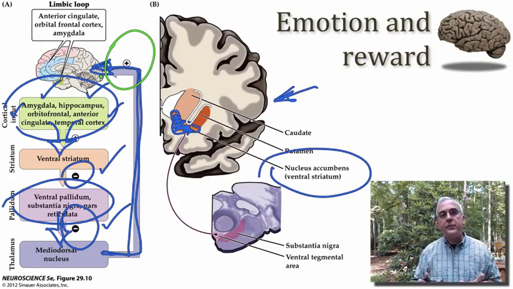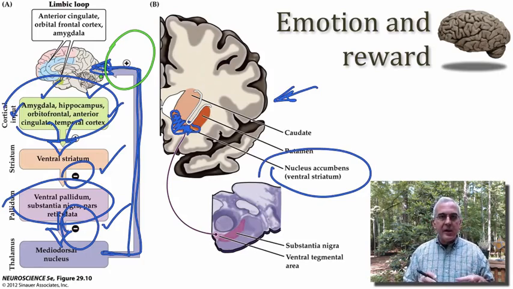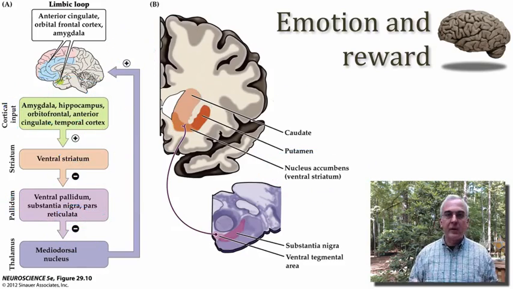So hopefully this gives you a sense of how the basal ganglia might actually be key in understanding how the reward system of the brain might work, to either reward with a positive reinforcer or a negative punisher.